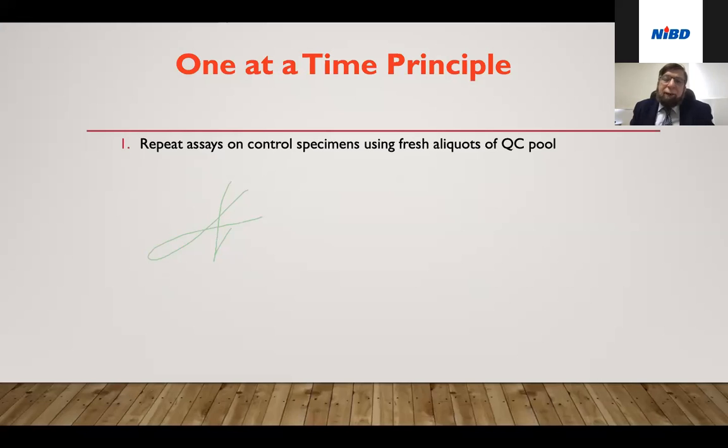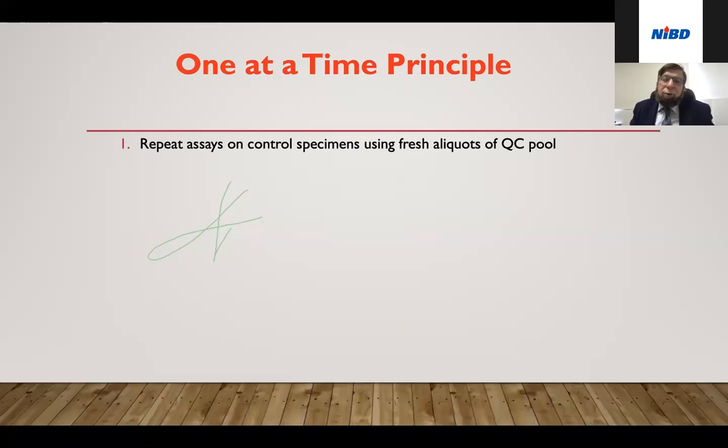A wise thing and good practice is to make small aliquots of, let's say, 500 microliter or 200 microliter, and freeze them, so that on any particular day you take an aliquot and use it as your QC material.